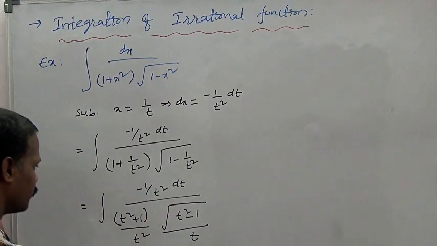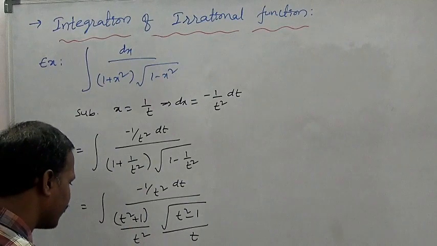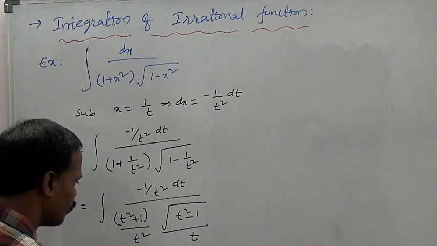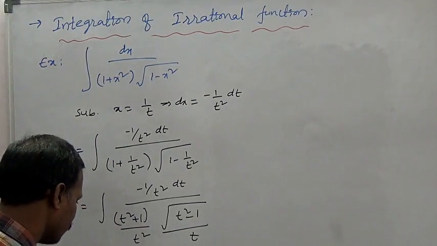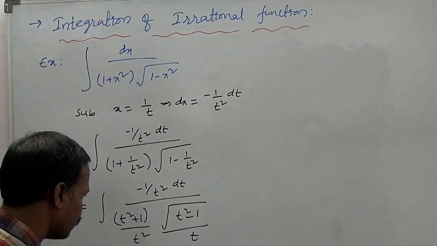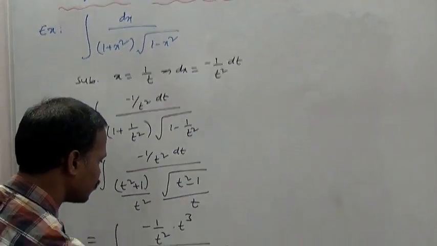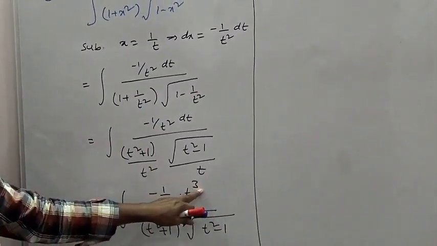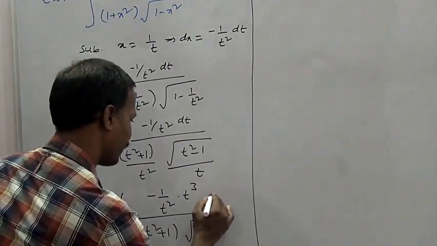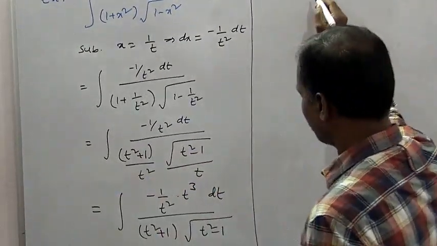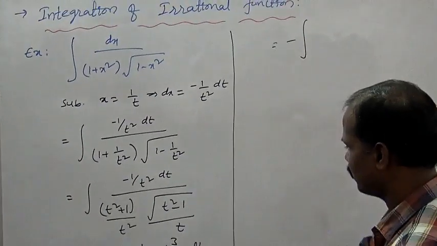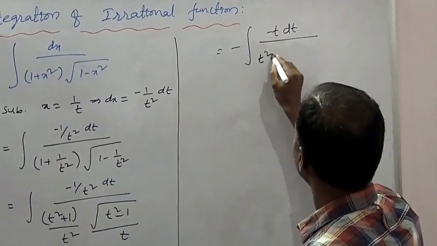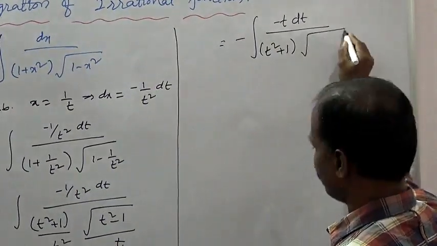Now this becomes t cube, so t cube by t square plus 1 square root of t square minus 1. Here t square and t square cancel, and one t remains. So this is equal to minus integral t dt by t square plus 1 into square root of t square minus 1.